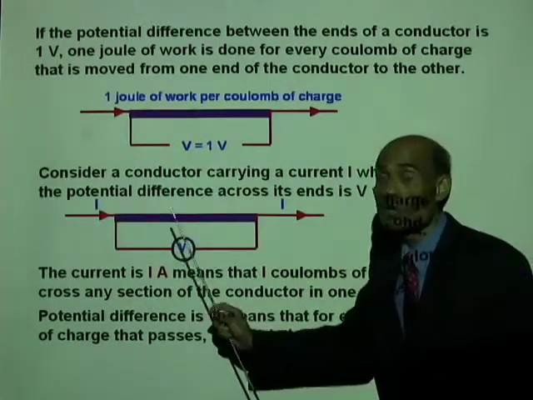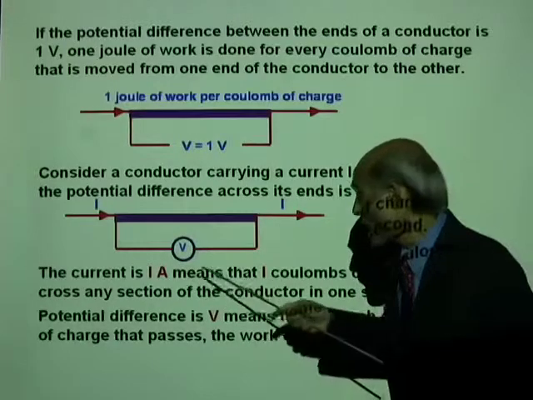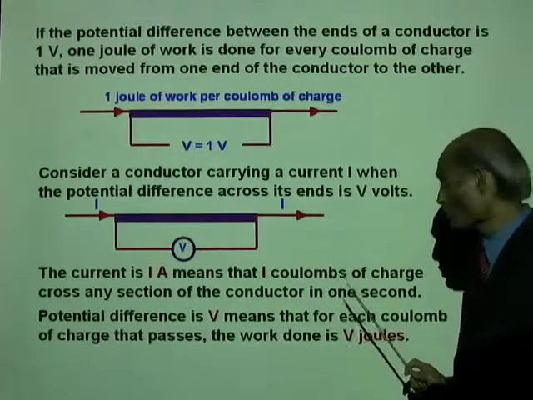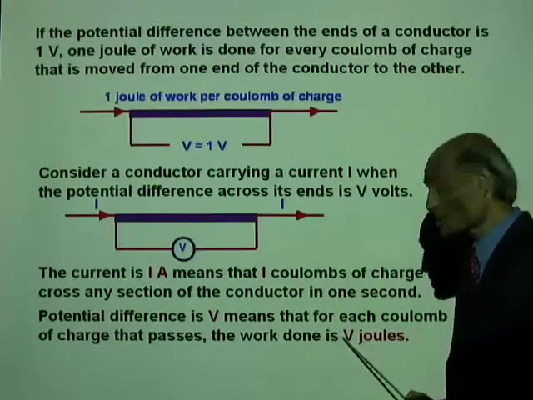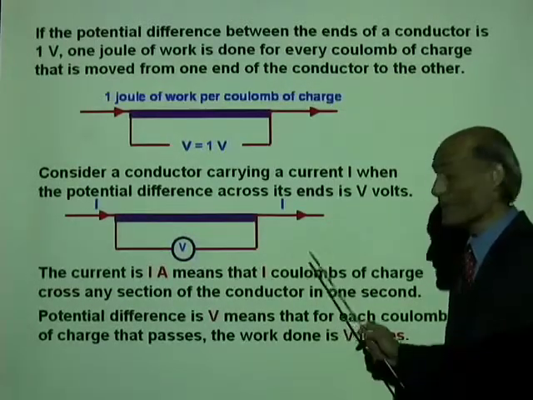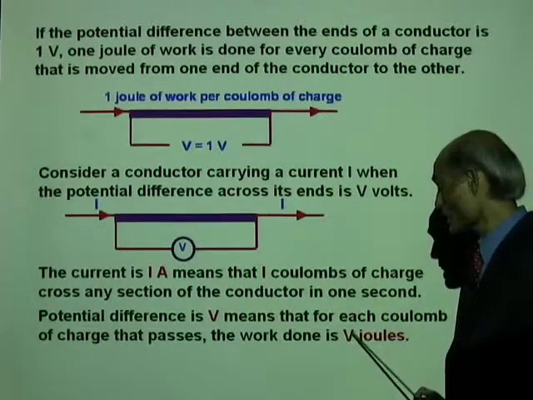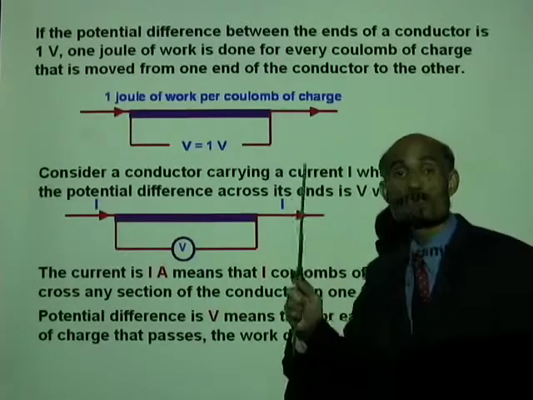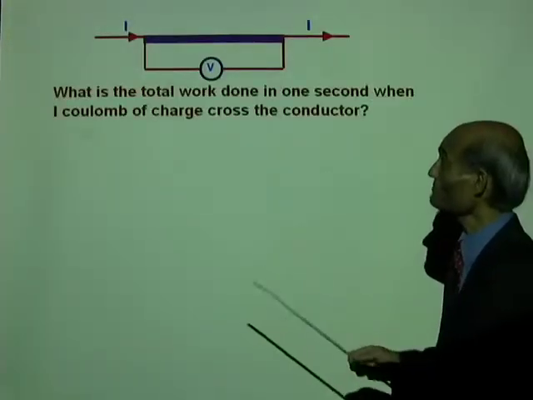Now, how many coulombs are passing through the conductor in 1 second? I coulombs. Therefore, what is the total work done in 1 second? The work done per unit charge is V joules. There are I coulombs. Therefore, the total work done will be V times I, so many joules in 1 second. Let's write that down.